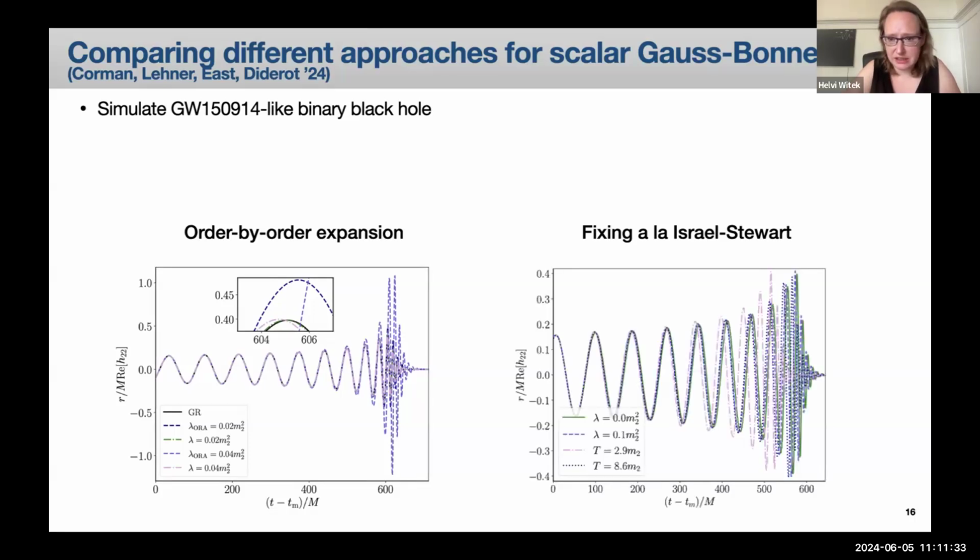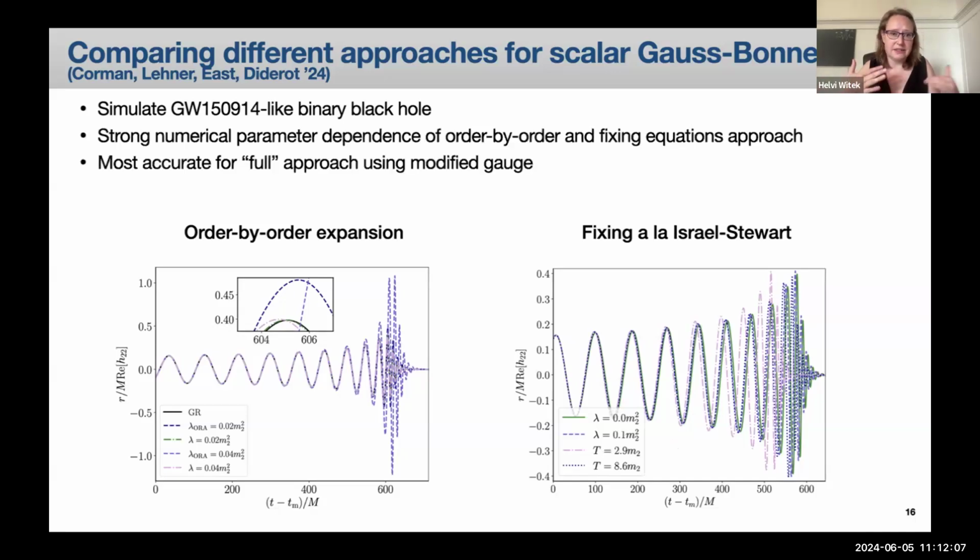Now, she did a similar comparison for the waveforms in scalar Gauss-Bonnet gravity here in green and blue. So these are these two lines here. And then changing the time scales for this fixing approach. And you can see that depending on this time scale, which is really just a parameter in your simulation, the merger can appear to happen earlier or similar to what you would get from the full solution.